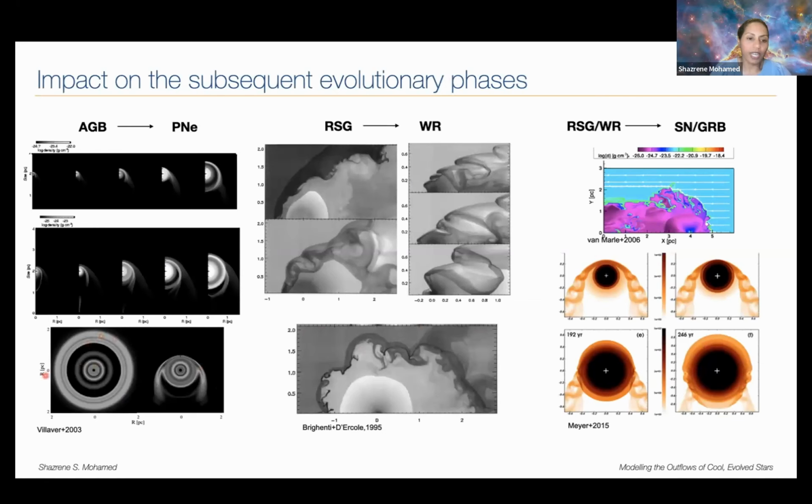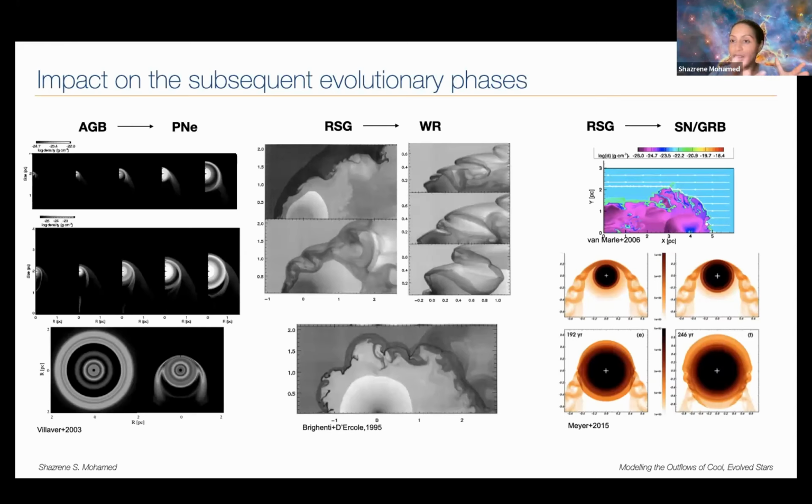Well, this is what you get. You get a very different kind of structure if you have a stationary star compared to a planetary nebula that's moving through the ISM.